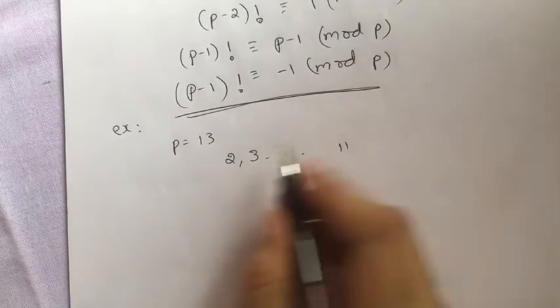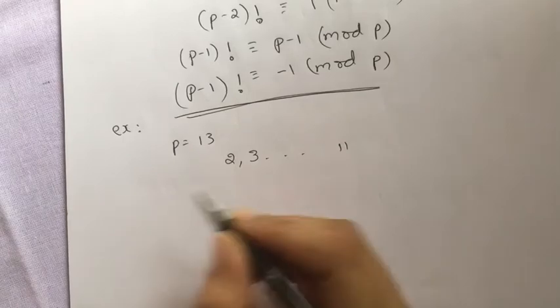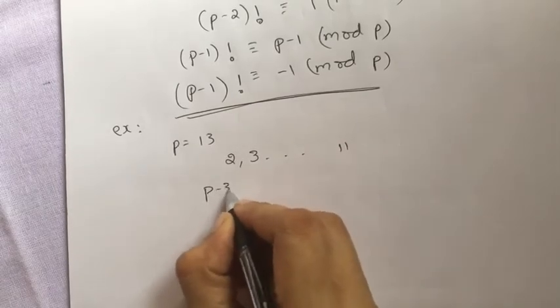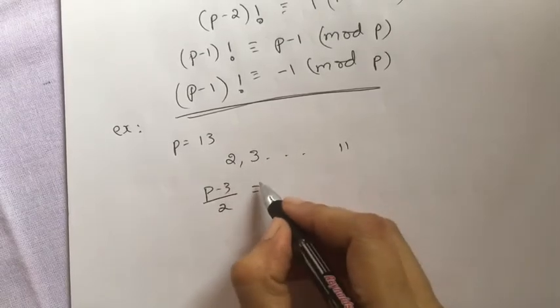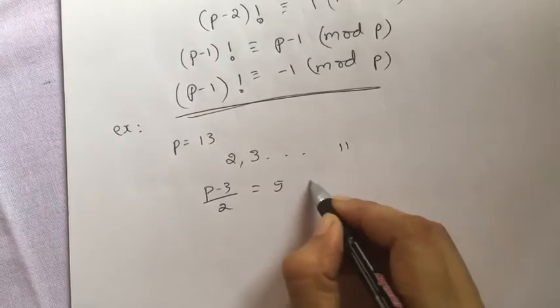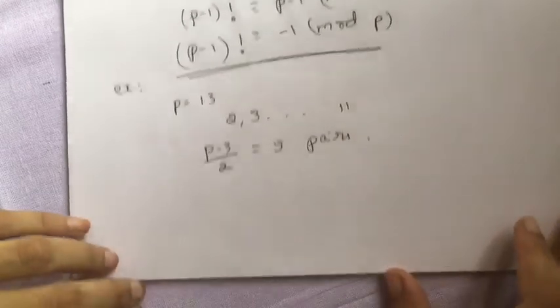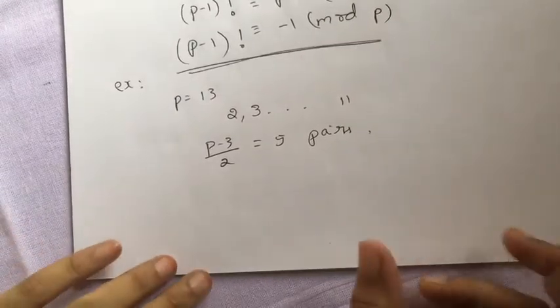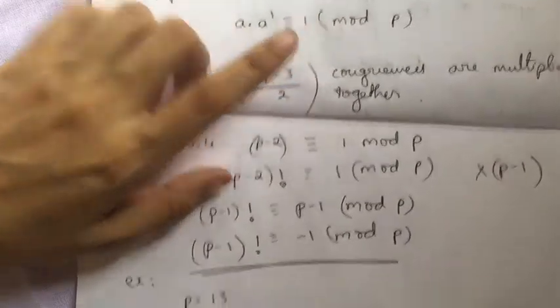Now, how many pairs are there? (p minus 3)/2 pairs. So (13 minus 3)/2 is 5. So you are going to get 5 pairs of integers, each product of which is congruent to 1 mod 13, right?